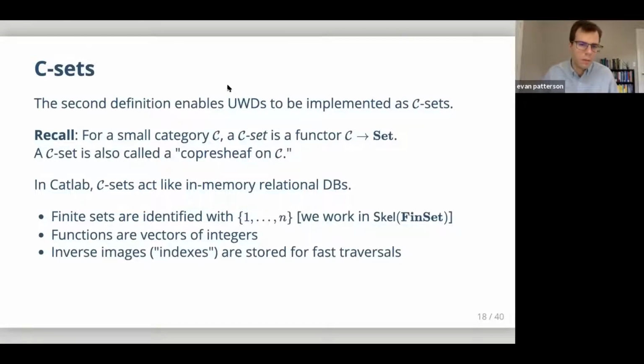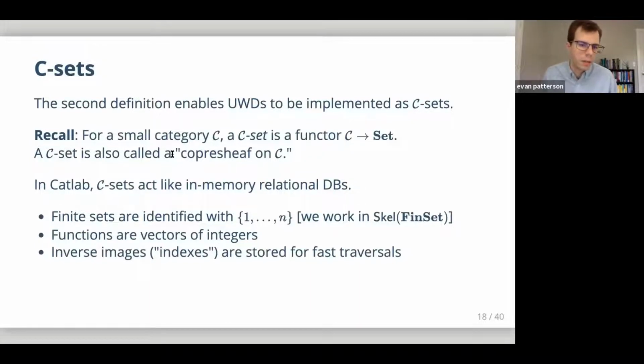The point of the second definition that we showed is that it enables undirected wiring diagrams to be implemented as C-sets. We're going to take a bit of a digression from the main theme here to see how this works, because it's useful for lots of things besides UWDs as well. Remember that given a small category C, a C-set is just a set-valued functor out of that category.